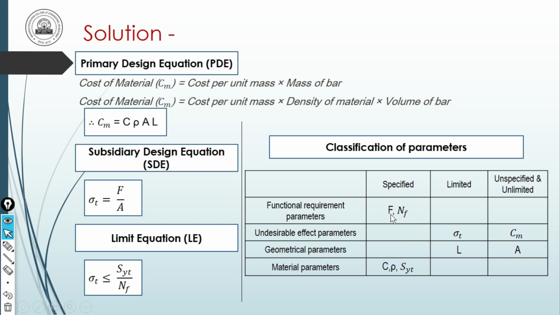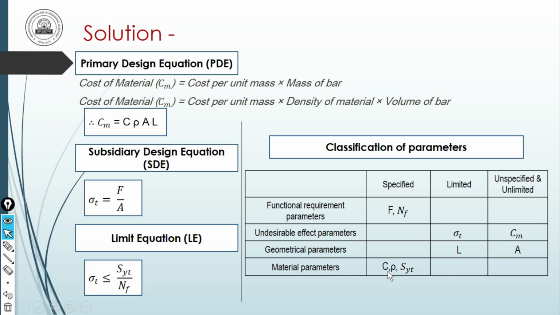So these force and factor of safety are functional requirement parameters. Then undesirable effect parameters in limited section, that is sigma T. Then the unspecified parameter is cost of material, that we have to find out. Then geometrical parameters are length and area, out of which length is known to us and area we have to find out.